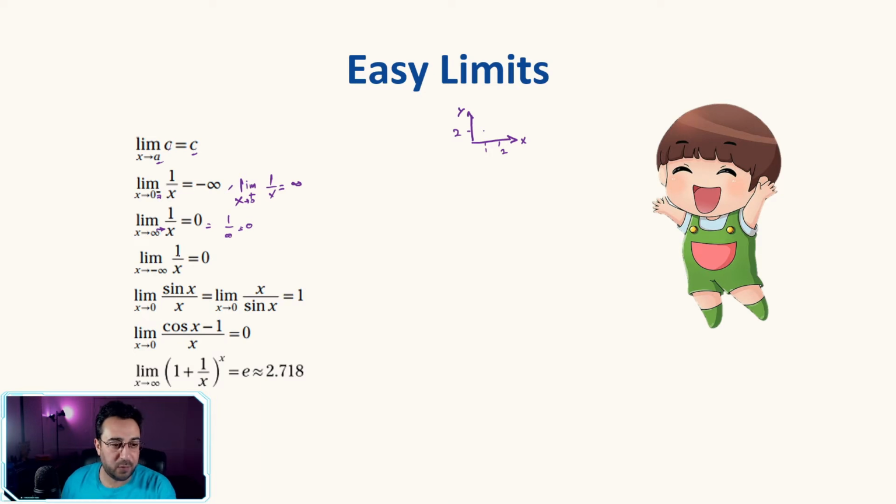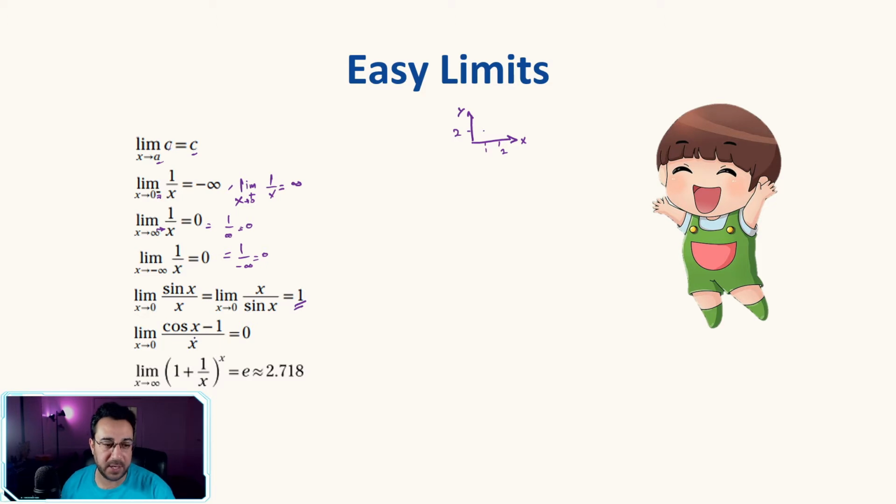And the limit of 1 over x as x approaches minus infinity is 0 as well. Same thing here, 1 over x can be applied as 1 over minus infinity. In this case it's 0. Anything over infinity, either minus or plus infinity, is 0.